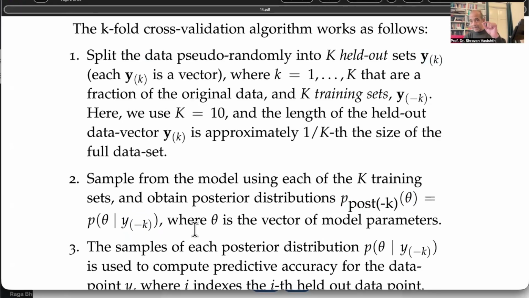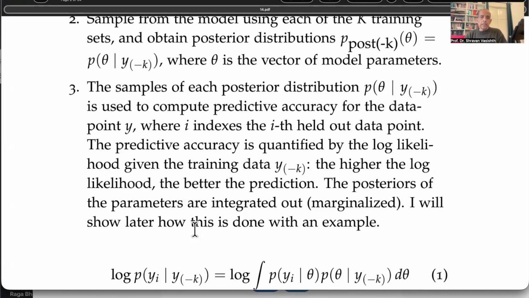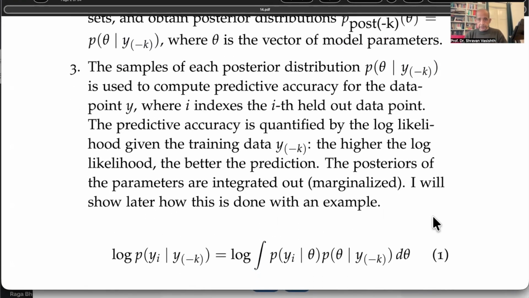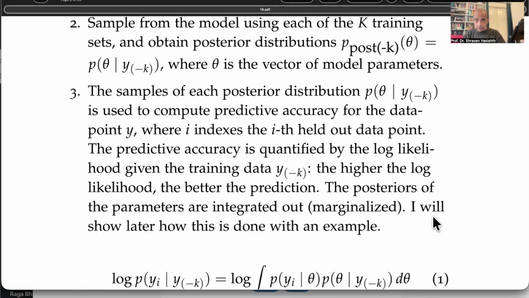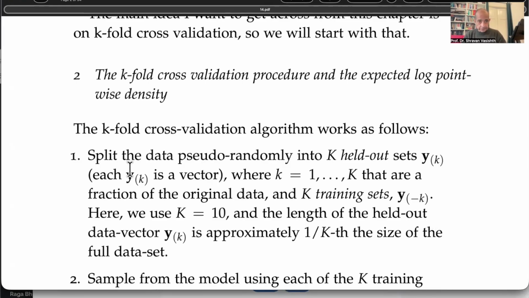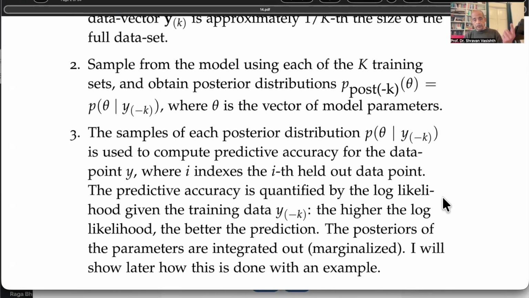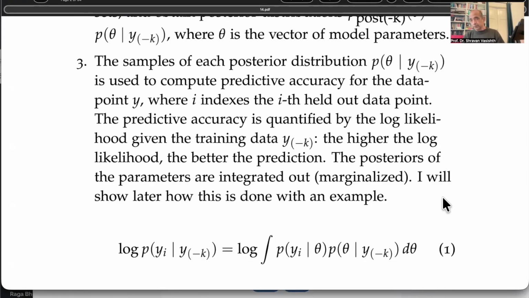Once we have those posteriors, we're going to use them to compute the log likelihood of the held out data. That vector y sub k is the held out data. We're going to compute the log likelihood of the held out data given the posteriors that we've already derived from the training data.